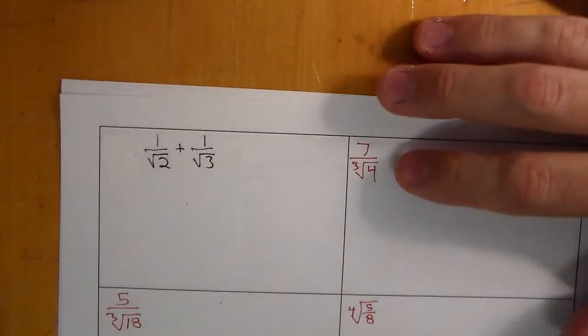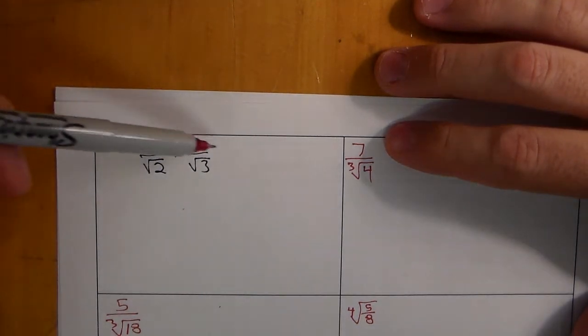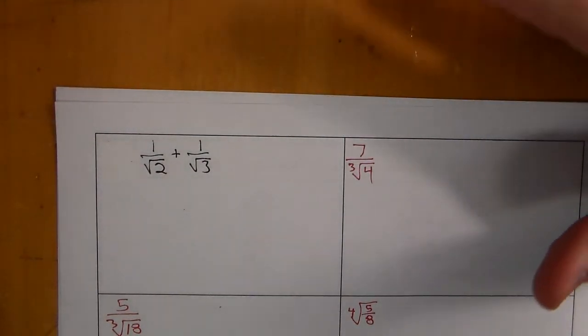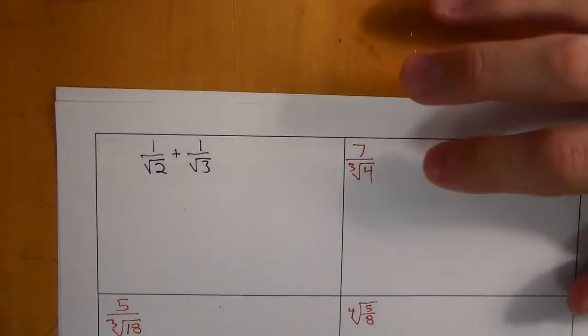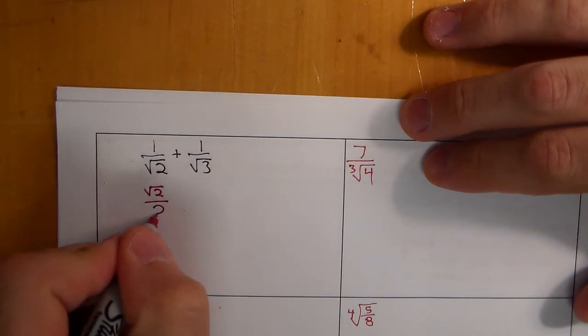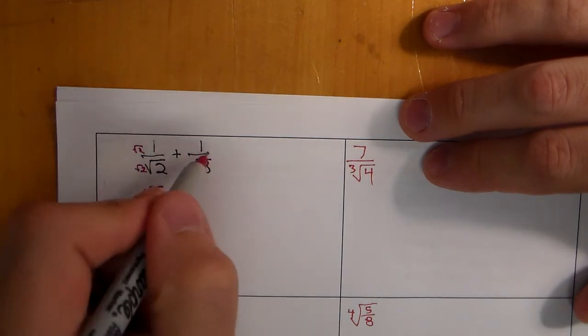So let's look at some different operations where simplifying or rationalizing denominators show up. I have addition here. I cannot add these yet because I do not have the same radicals and just treat it as adding or subtracting the coefficients. So if we rationalize first, multiply the top and the bottom by the square root of 2, I get root 2 over 2.